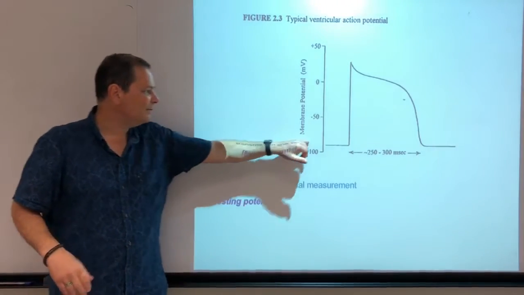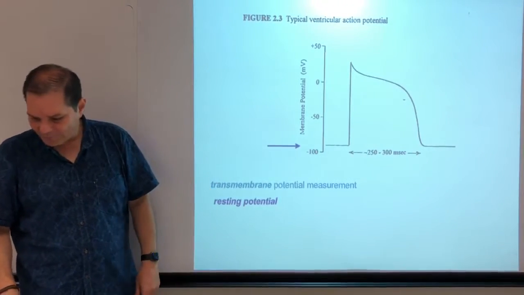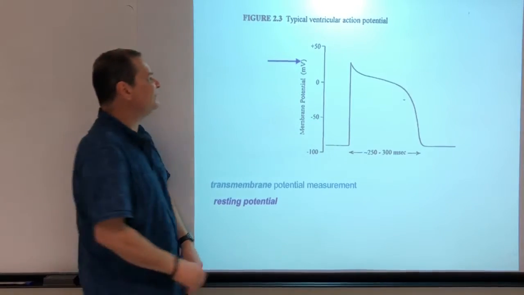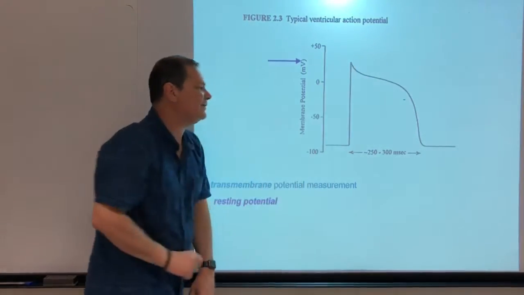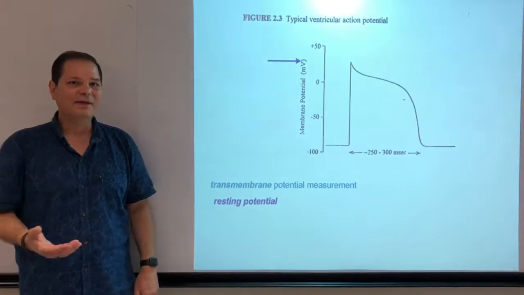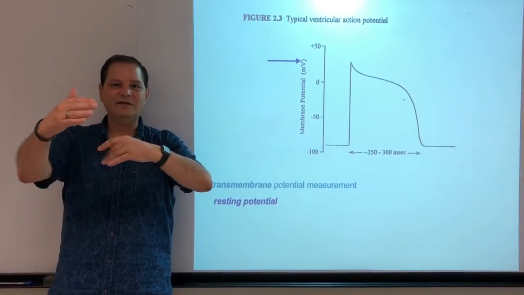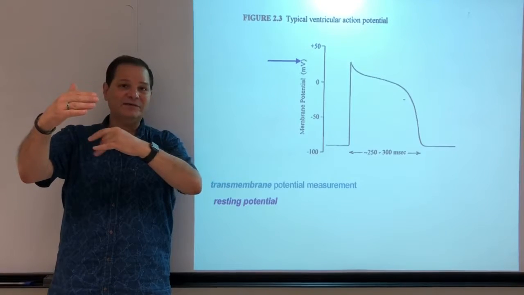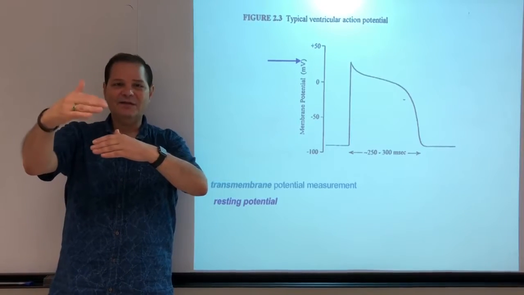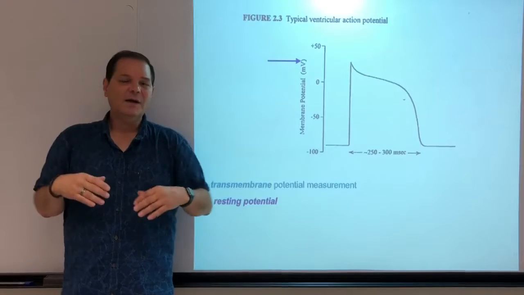The resting potential is about minus 90 millivolts, and that increases to about plus 20 at the peak of this action potential. That means that at the peak, the inside is positive relative to the outside, which means it has more positive charges on the inside than on the outside, okay?